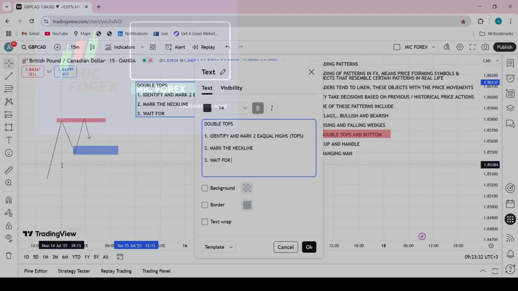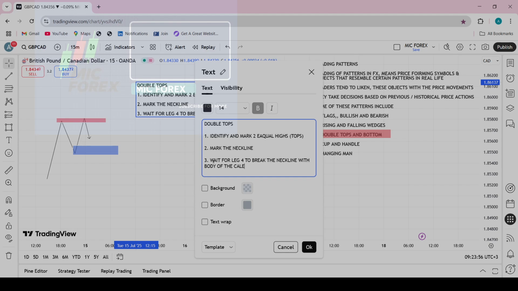I call this one leg. You wait for leg 1, 2, 3, 4, leg 4 to break the neckline with the body of the candle.